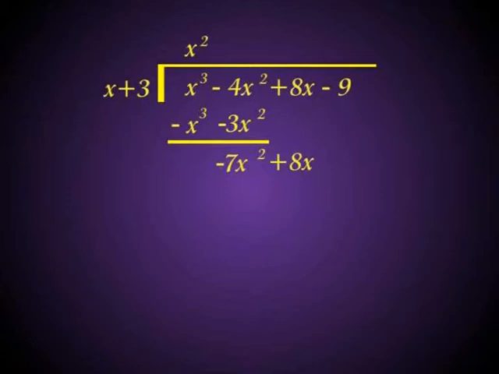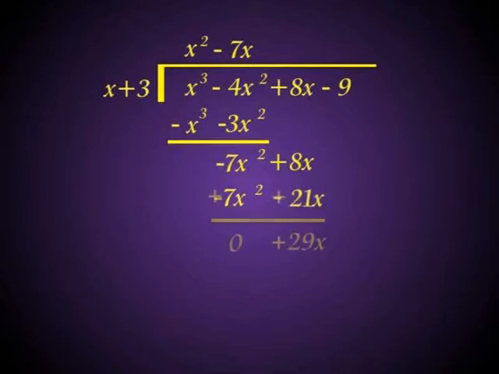-7x² divided by x is going to give us -7x. -7x multiplied by x is going to give us -7x². -7x multiplied by positive 3 is going to give us -21x.